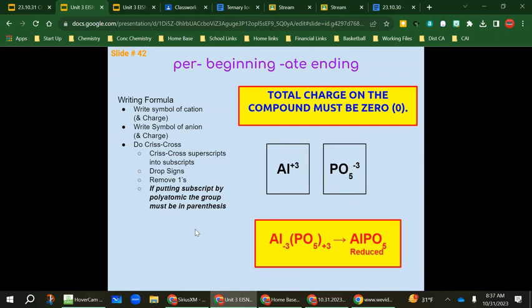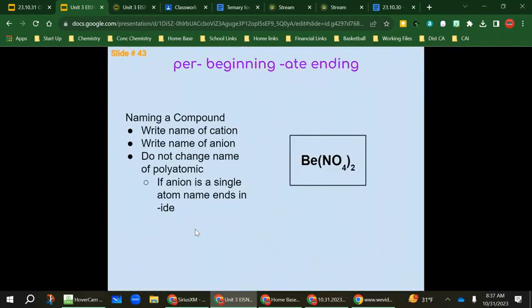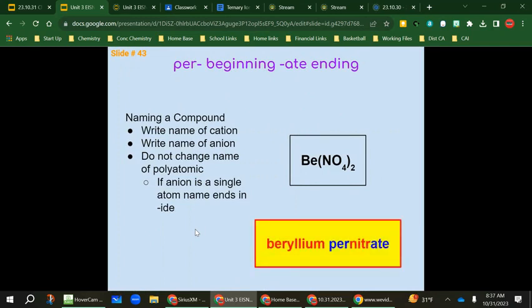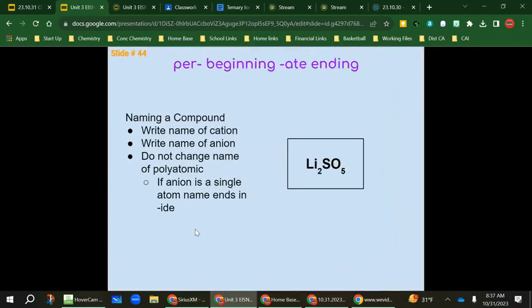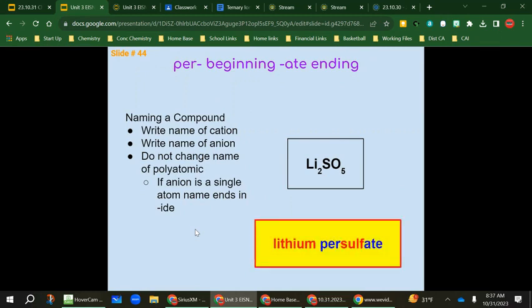The only thing that we are changing is the name on the polyatomic. So again, this one, beryllium pernitrate. What would this one be? Lithium persulfate.